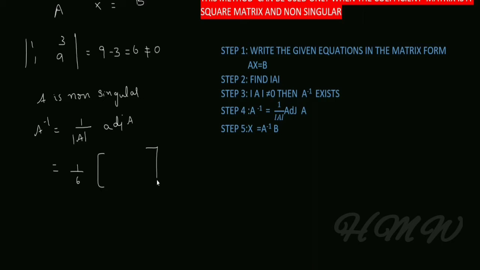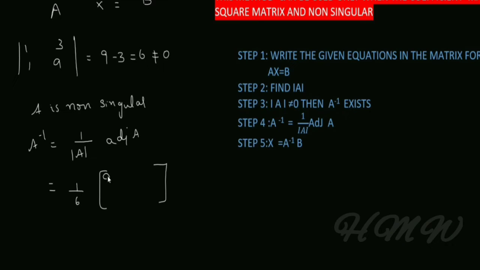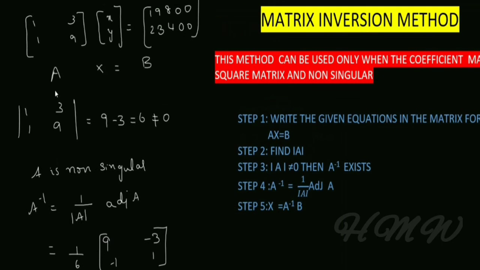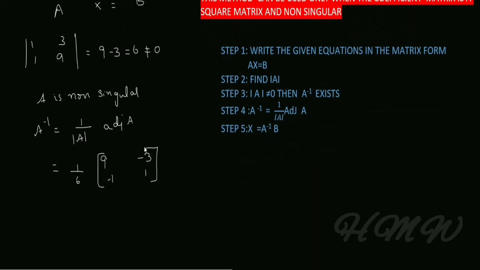For the adjoint of a 2 by 2 matrix, you can straight away interchange the two principal diagonal elements, then change the sign of the other two. So 9, minus 3, minus 1, 1. We interchanged 9 and 1, and changed the sign of these two to minus 3, minus 1. That is your A inverse.